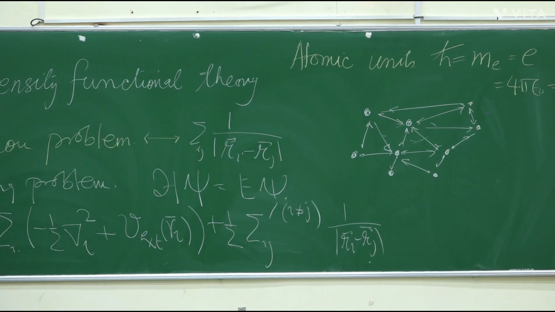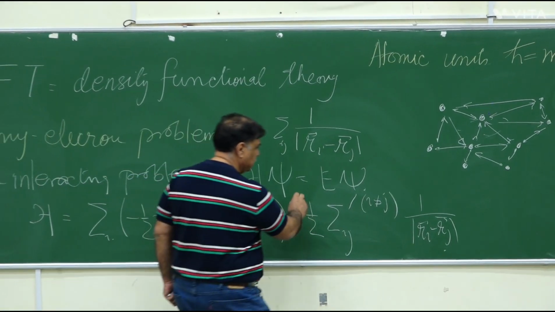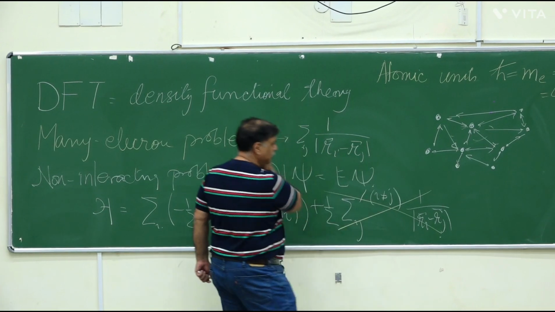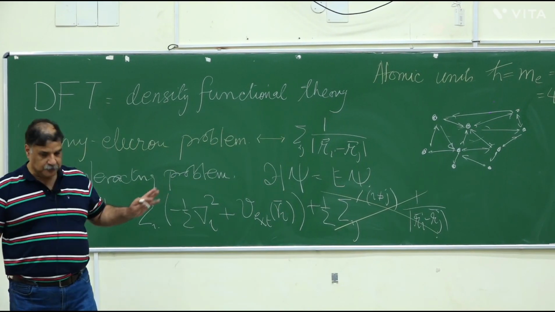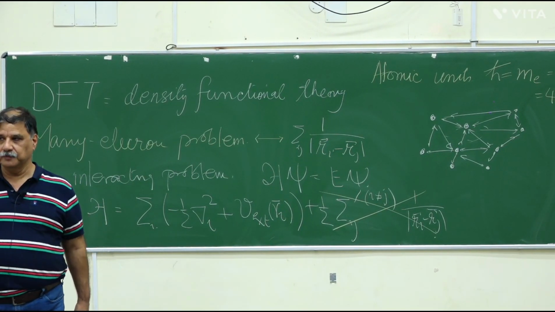For the non-interacting problem, I'm going to drop this last term. We'll come to this later. Let's just look at this problem and see how we build up the solution.